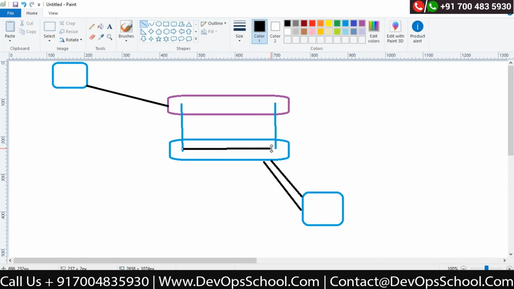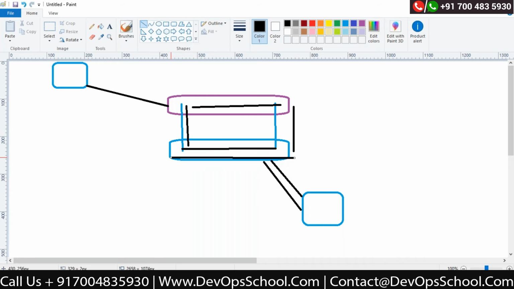Correct? Once again it reaches over here. Now that broadcast will go to this switch. Now it will also come to know, okay, I need to broadcast this. Once again I need to broadcast this. Once again that broadcast will come below my switch. Once again it says, oh, broadcast traffic is coming, I need to broadcast that traffic to everyone. Once again it will be going. What is happening right now?